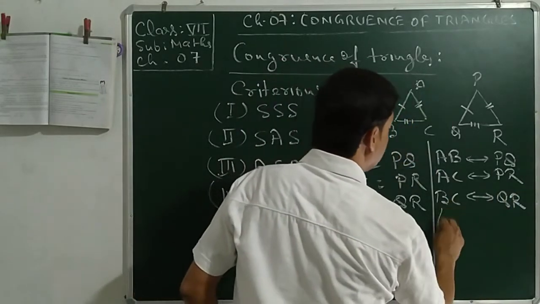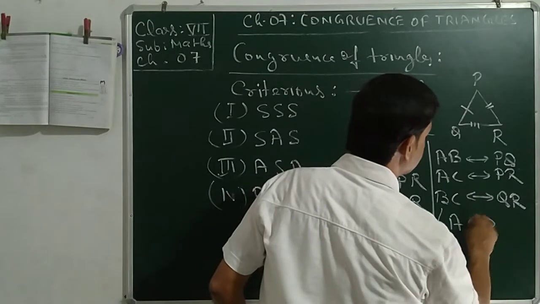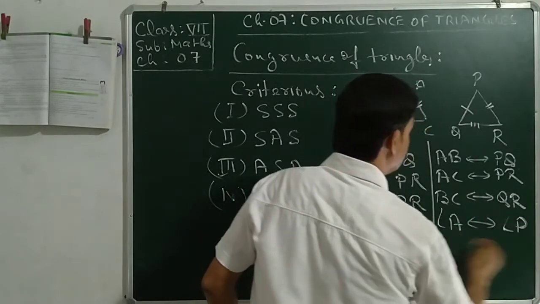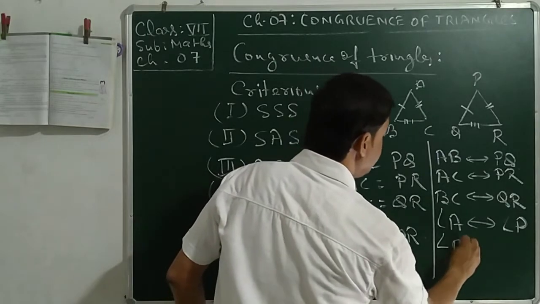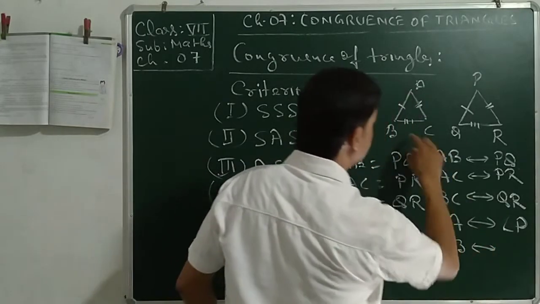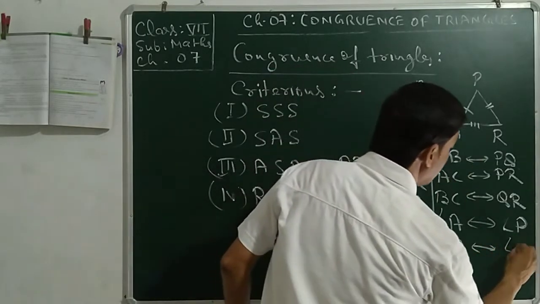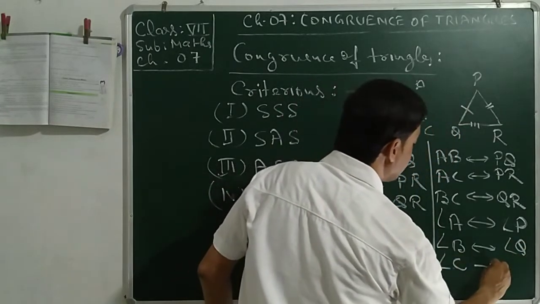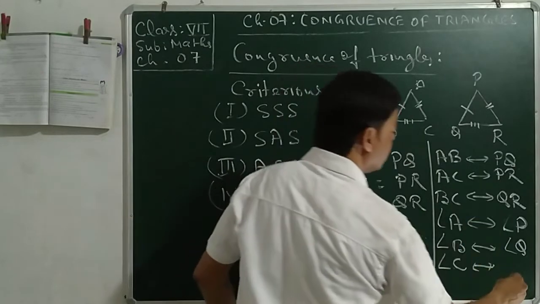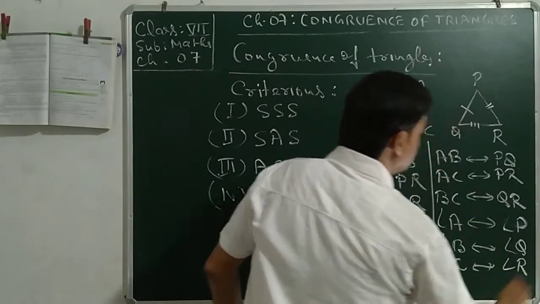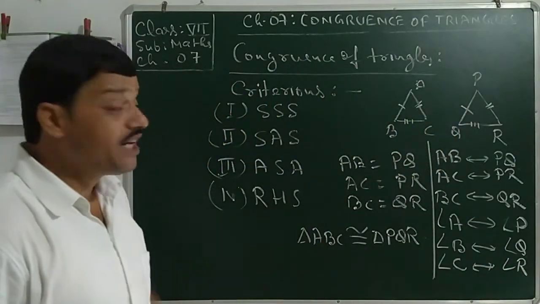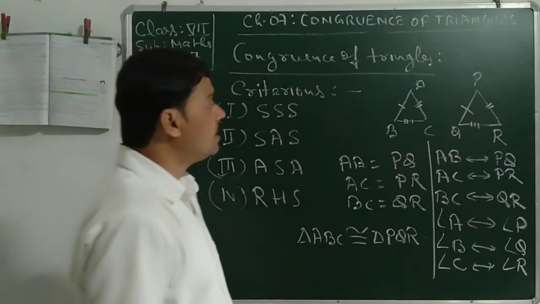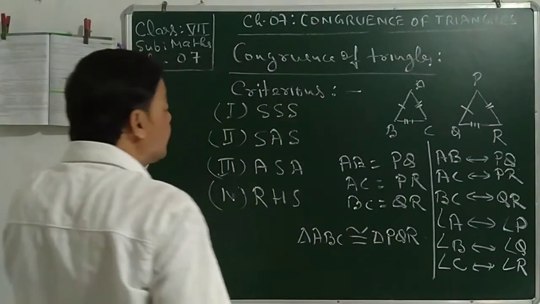Similarly, angle A matches angle P, angle B matches angle Q, and angle C matches angle R. Once we get that two triangles are congruent, then all these parts are equal.